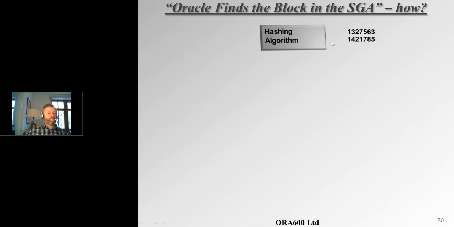A hashing algorithm will always give you the same output for the given input, but it's not unique. There could be several input values which match the same output, but you'll always get the same output for the given input. Depending on how the hashing algorithm's been designed, you'll get 2 or 3 values, 20 values, 100 values.